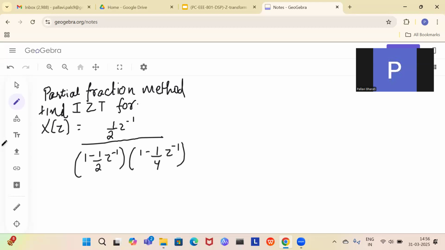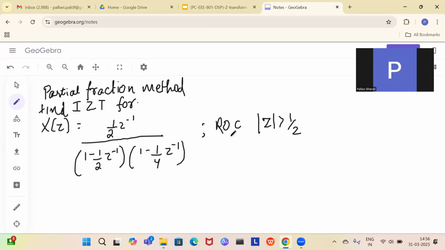The ROC given for this X(z) is mod z greater than half, since X(z) always comes with a ROC. Now we need to find out x(n).